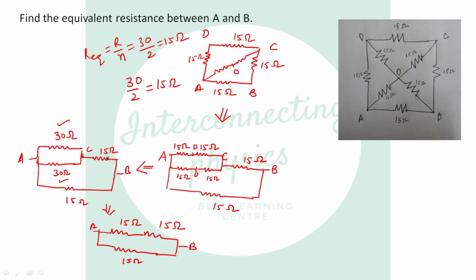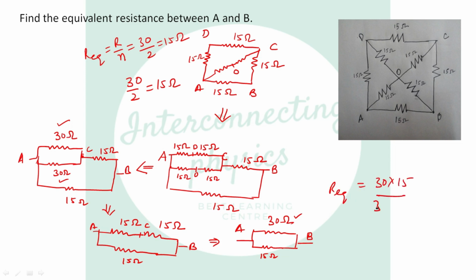Now this 15 ohm and this 15 ohm are in series, and this is point C, and this 15 ohm from A to B. Now these 15 ohm and 15 ohm are in series, so the diagram will be like 30 ohm, this is 15 ohm, this is point B, this is point A. Now these two are parallel, so R equivalent is equal to 30 into 15 divided by 30 plus 15. Answer is 450 divided by 45, and answer is 10 ohm. So the equivalent resistance between A and B is 10 ohm.